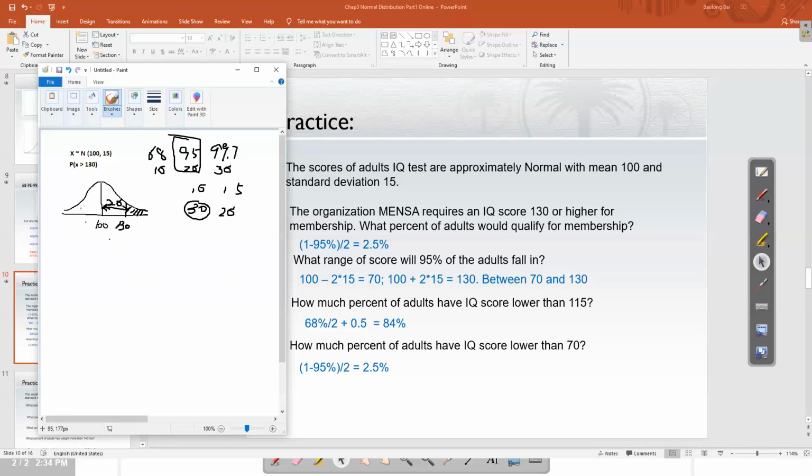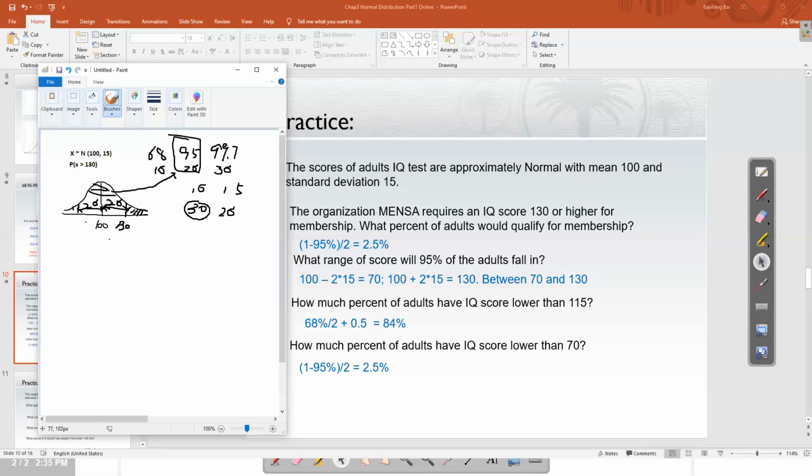To make a full 95%, we need to extend 2 standard deviations to the left of the normal distribution as well. So the middle probability in between is 95%. We're looking for this one tail. The total probability for the whole distribution is 100% or 1. The middle is 95% or 0.95.